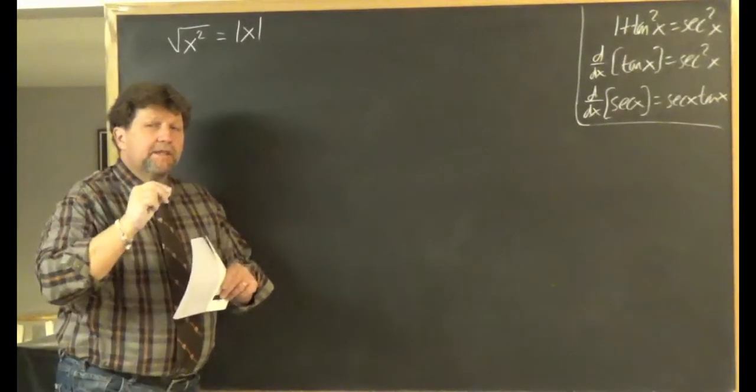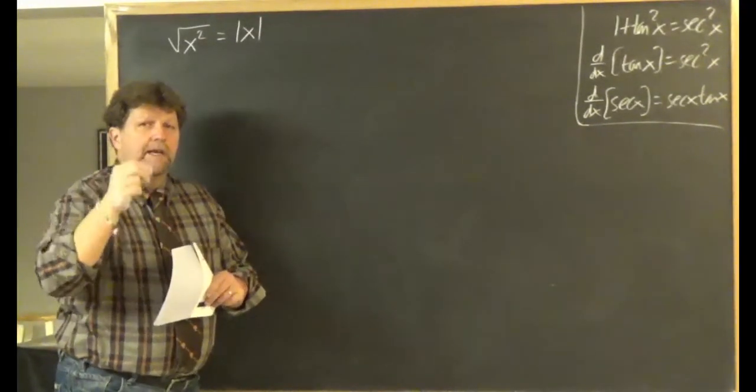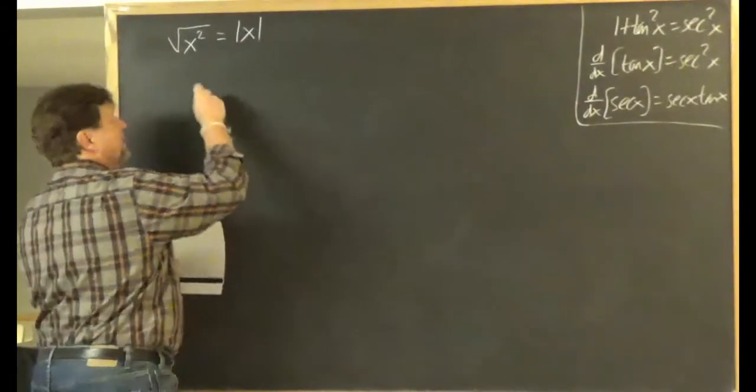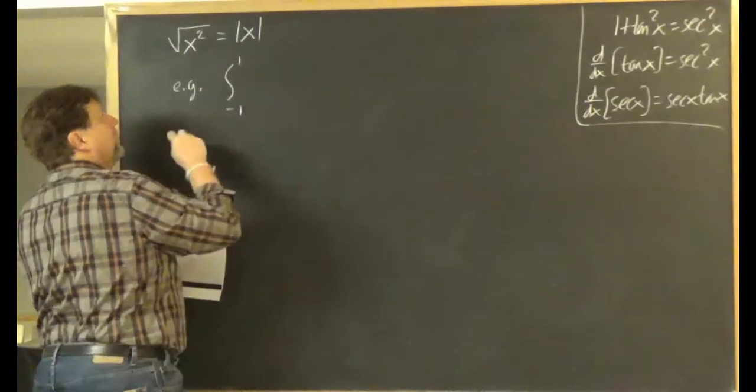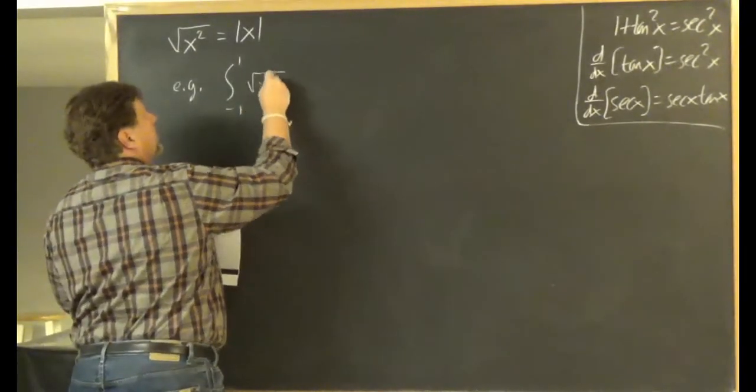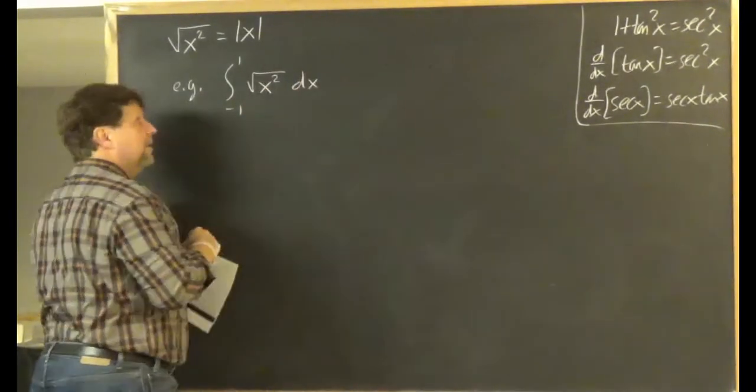Now think about why this is important to always remember. Let's just say, for example, you were asked to integrate from -1 to 1 the square root of x squared.